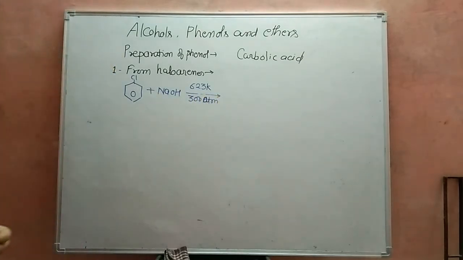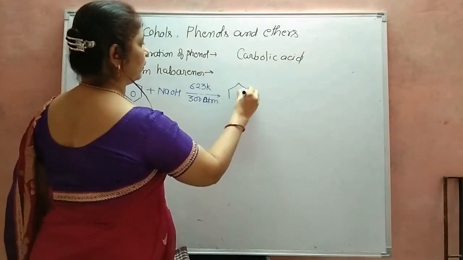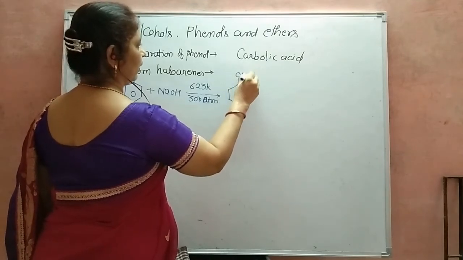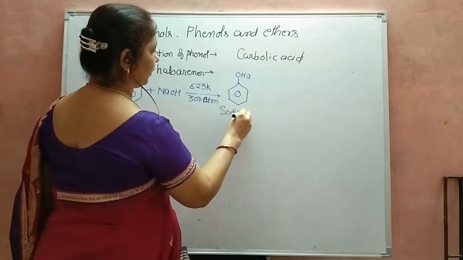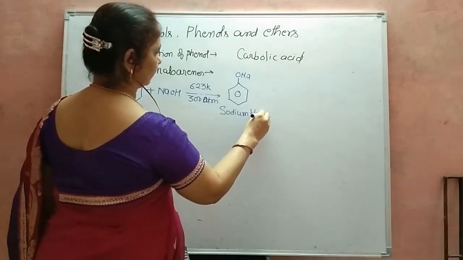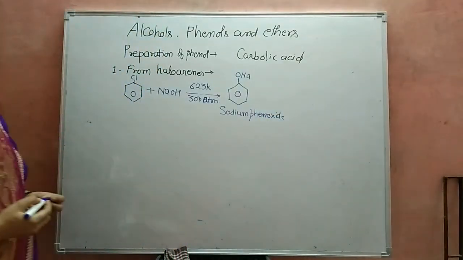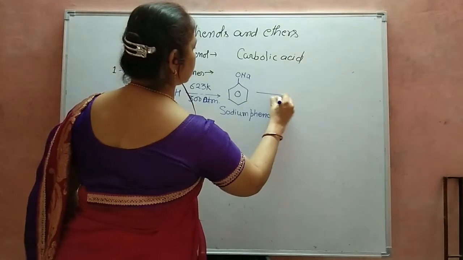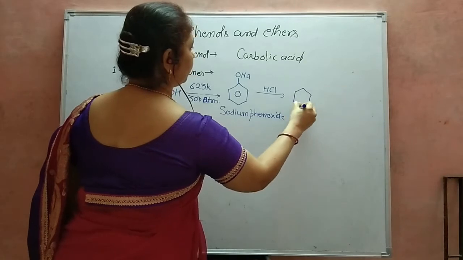So this reaction happens. First it forms the compound ONa, that is called sodium phenoxide. Then the sodium phenoxide reacts with the acid HCl, and it forms the compound phenol.